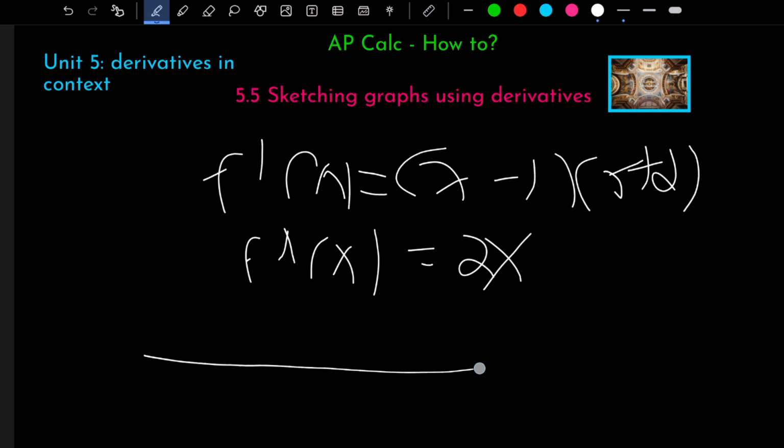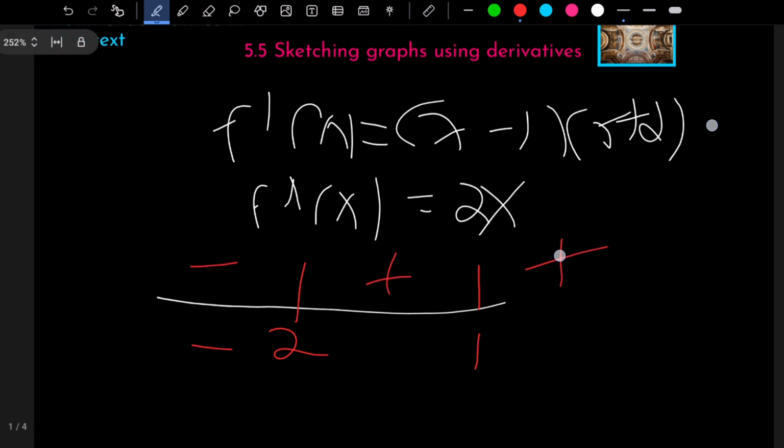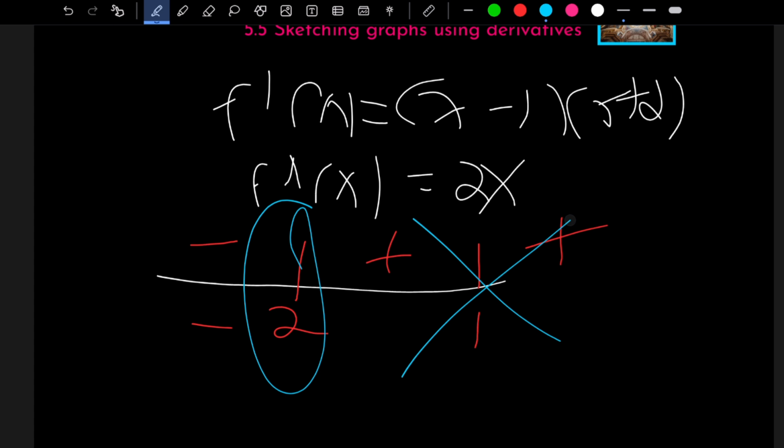So let's make a sign chart for f. Negative 2, 1. Going to be decreasing, increasing, then increasing again, which means we have a local minimum at x equals negative 2. No max at 1, nothing there.